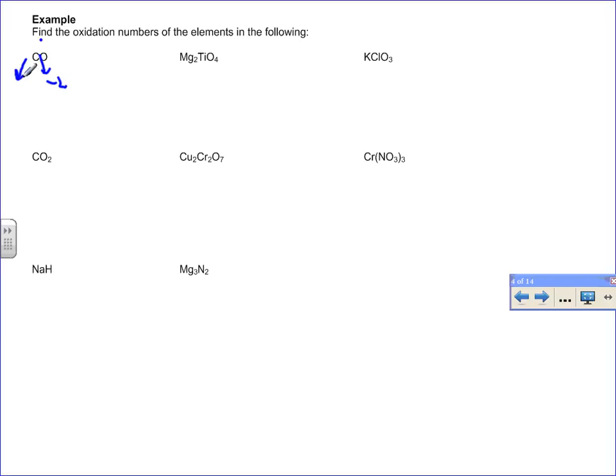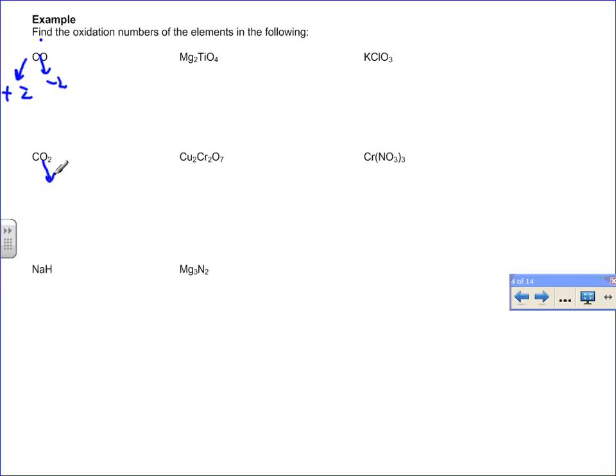What we're going to do is use the sum rule. So when you have oxidation states, they sum to the charge on the particular molecule or ion. So in this case, carbon monoxide has no overall charge. So what that means is that the carbon must have an oxidation number of +2, okay, in carbon monoxide.